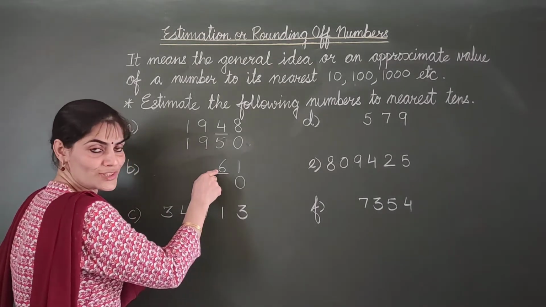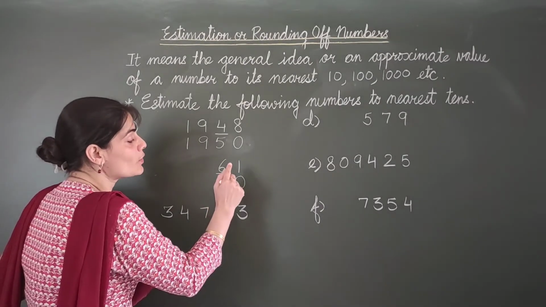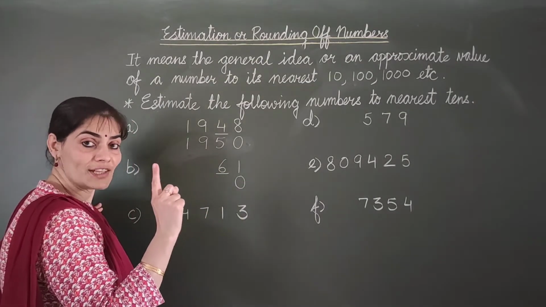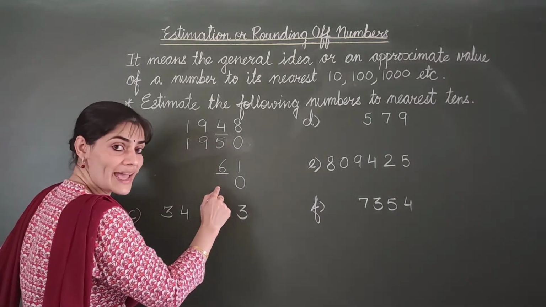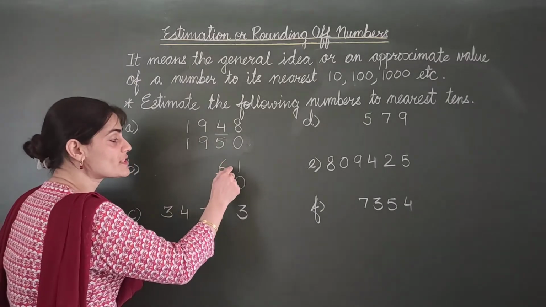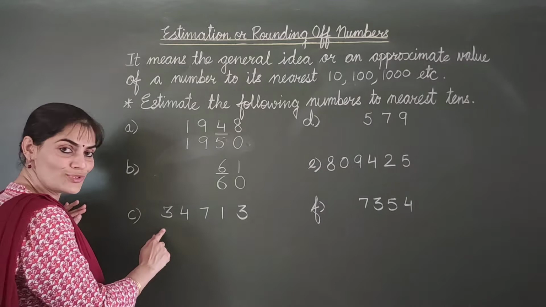Now I move to the digit at tens place. What do I observe? The digit at ones place is 1. It is less than 5, so this digit will be written as it is. It will remain unchanged. So 61 is rounded off to 60. Now move to the next part.